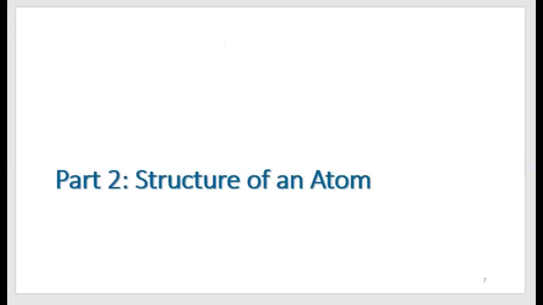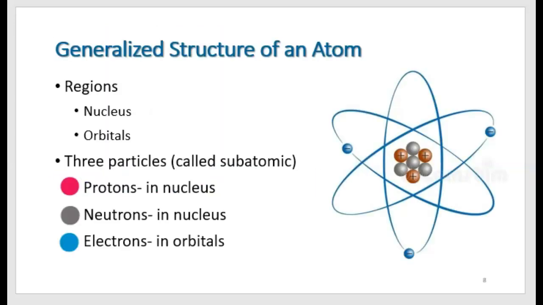So now we're going to look at the structure of an atom. This is a generalized structure for all different elements, atoms. Okay, so there's 2 major regions. The nucleus, which is in the center, right here, and then orbitals, which are drawn circling or orbiting the nucleus.